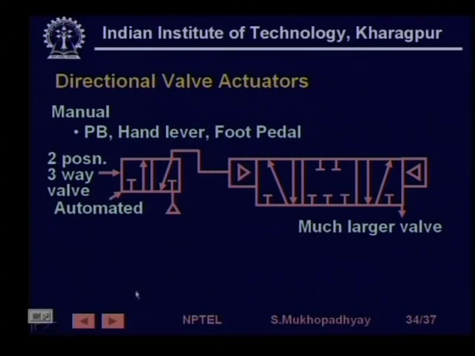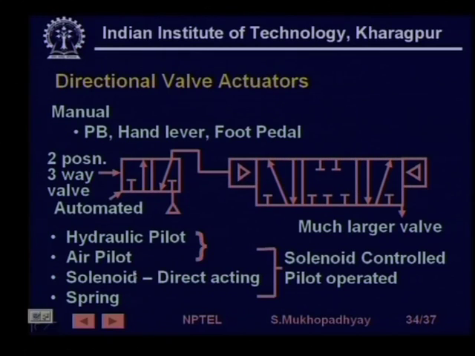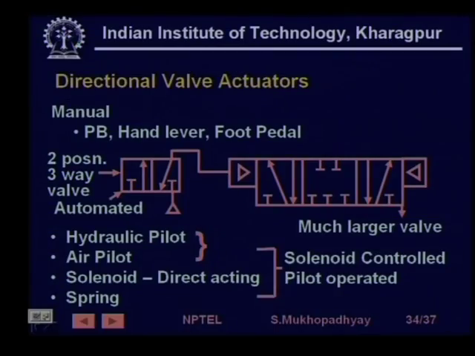You can have hydraulic pilots, you can have air pilots. Even a large pneumatic valve can be driven by a small air pilot, or otherwise they may be solenoids, and sometimes, as we have seen, they may be spring loaded, such that especially the return stroke does not require an actuation force.